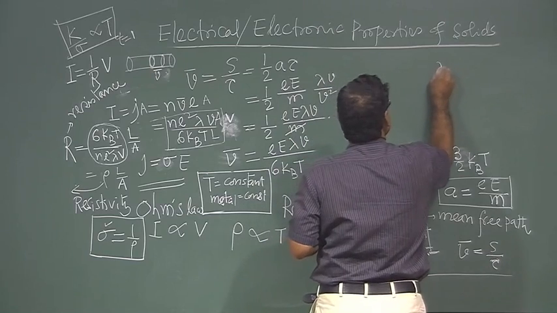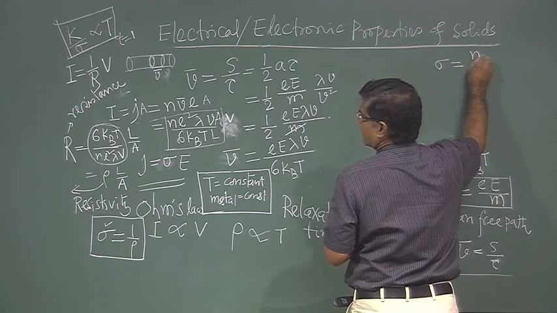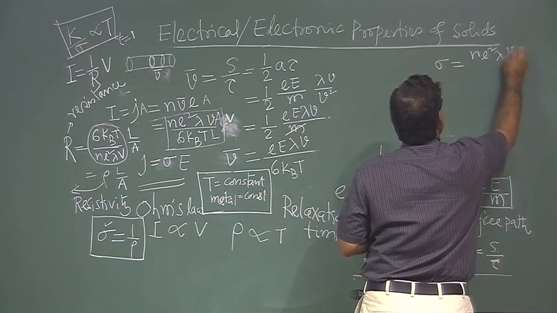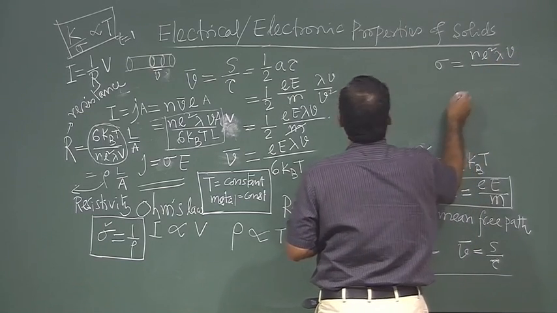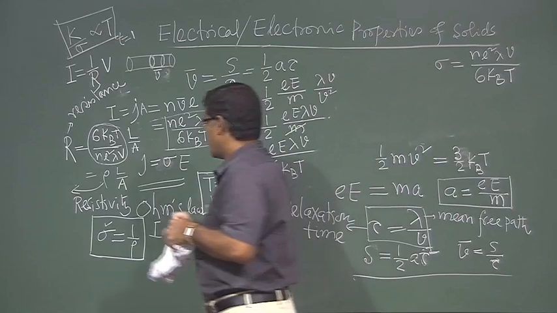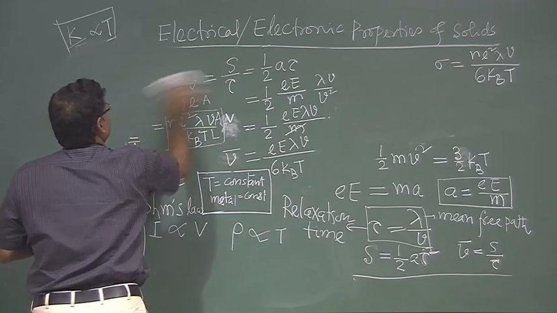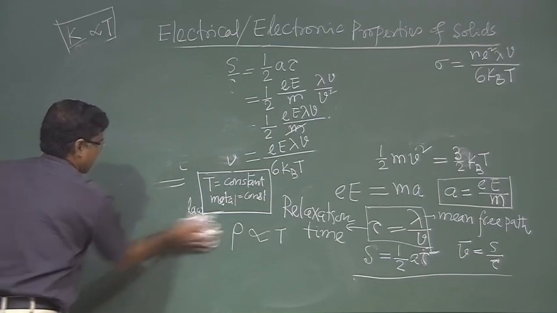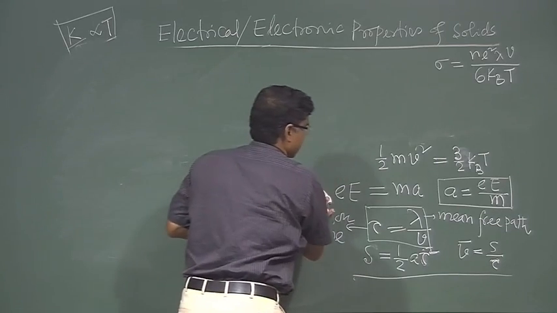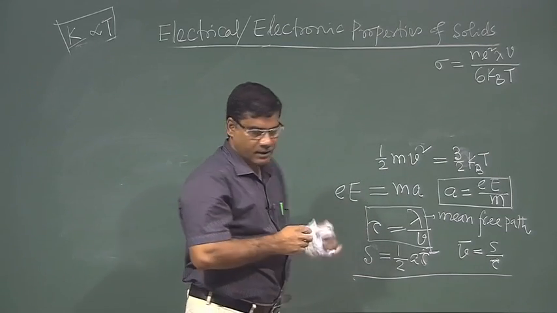So, sigma is n e square lambda v by 6 k B T, right. So, then I can use this expression. Okay.